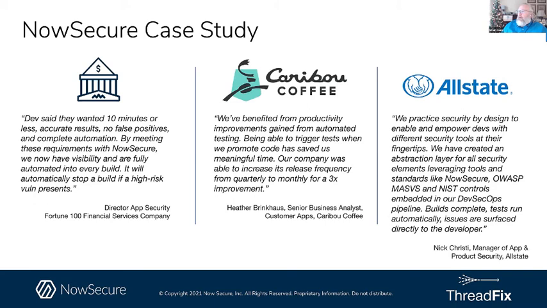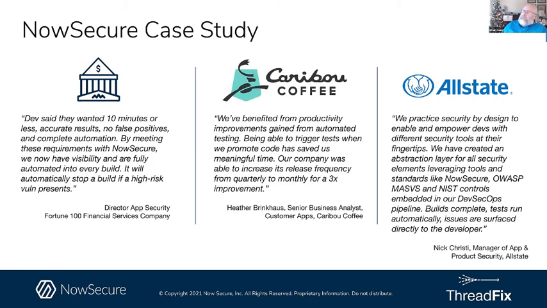I chose the path of, let me tell you about a couple different organizations. This is all about accelerating pipeline flow with security built in. Caribou Coffee is a great example. A case study was just published on that. You can find that on our website. They're a coffee shop who wants lots of people to come to the coffee shop. And they saw an explosion of business with remote workers occurring last year and wanted to add more new features, right?